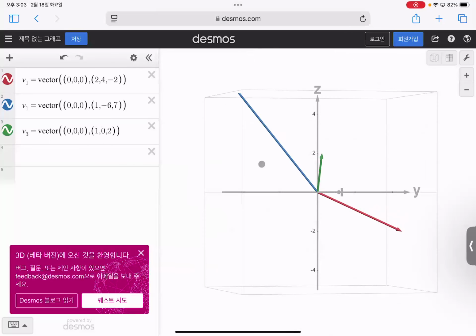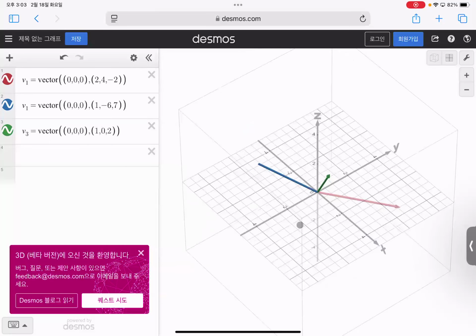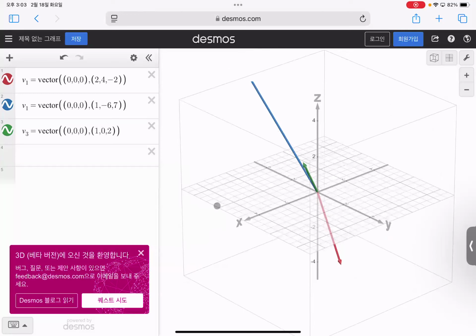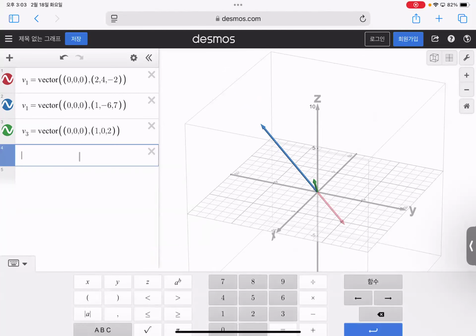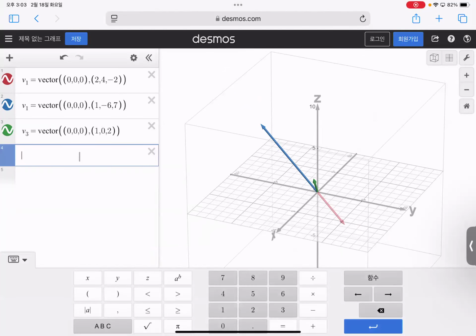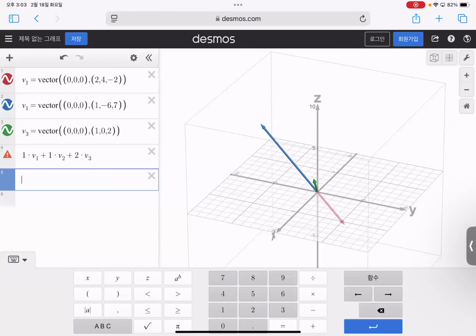Okay. Now I'm confused. So these are my three vectors. And what does the 1 times V1 plus 1 times V2 plus 2 times V3 give?